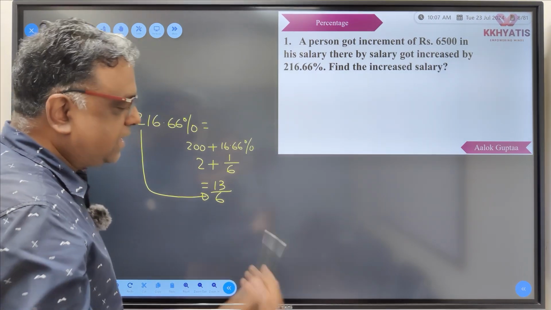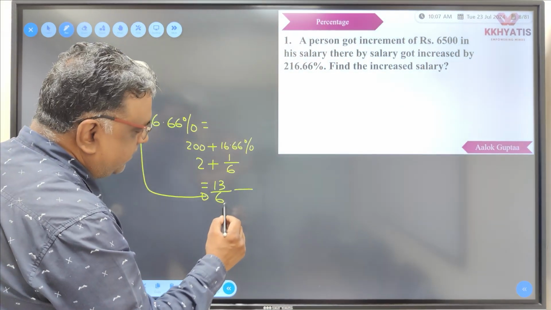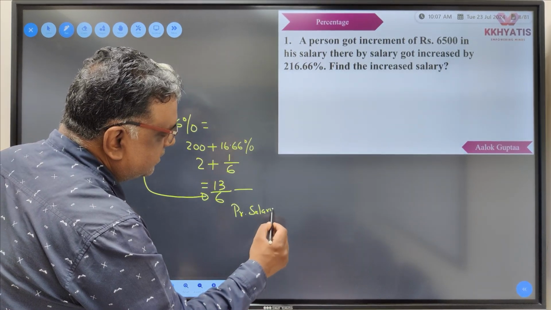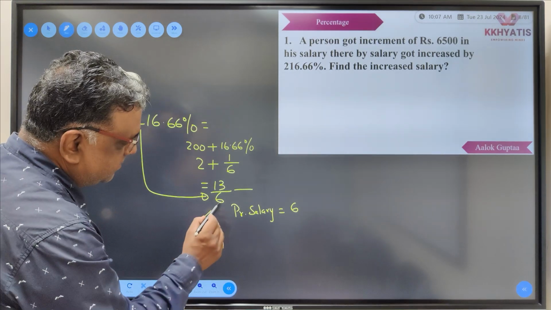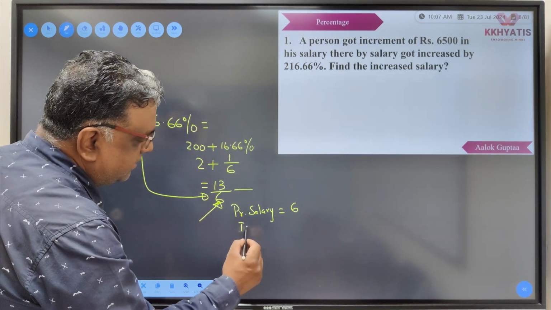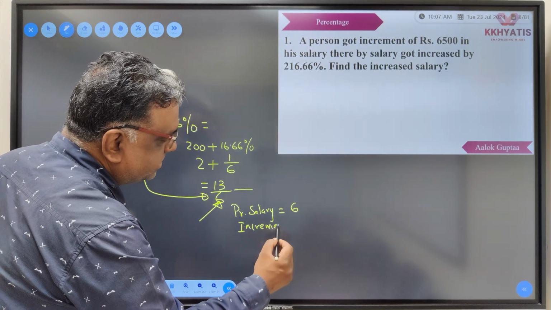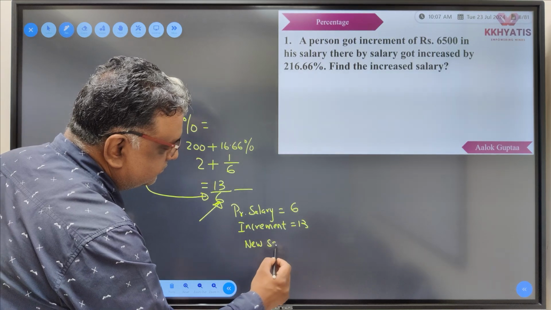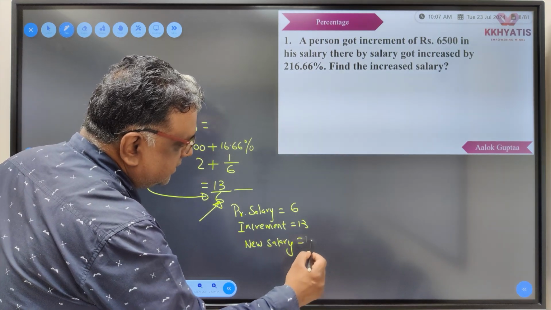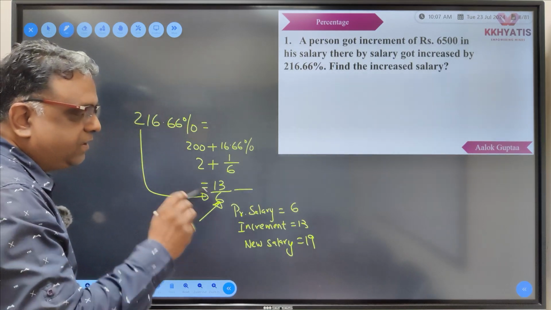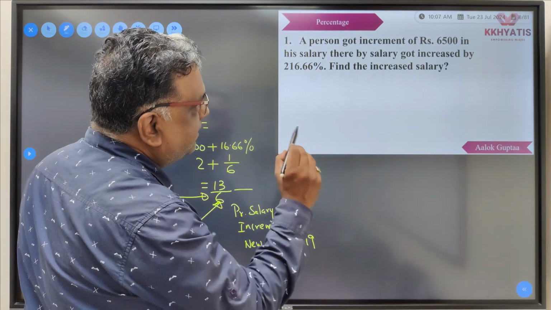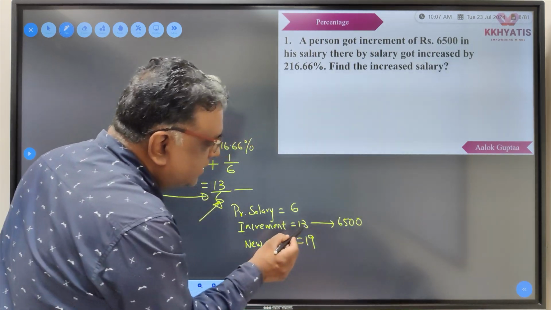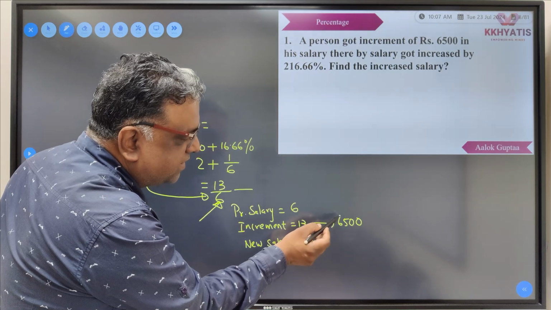How do I read the fraction? I showed you in my earlier video. My previous salary was 6. This is my previous salary. My increment is 13. My new salary is 19. 6 plus 13 is 19. Now my increment is given to be 6,500, which means I have been given the value of 13 in terms of rupees as 6,500.